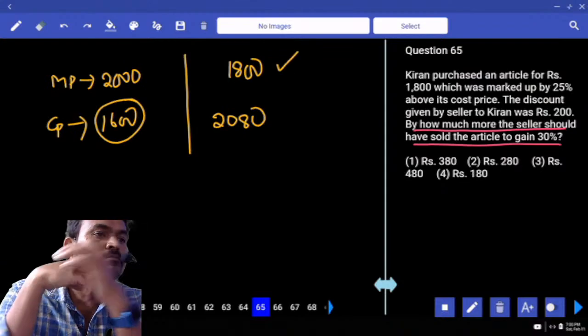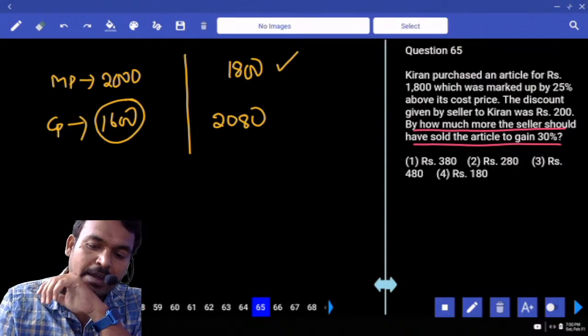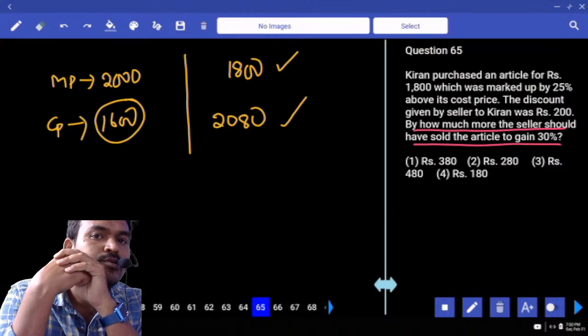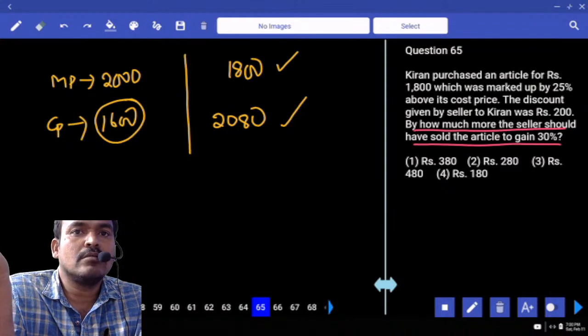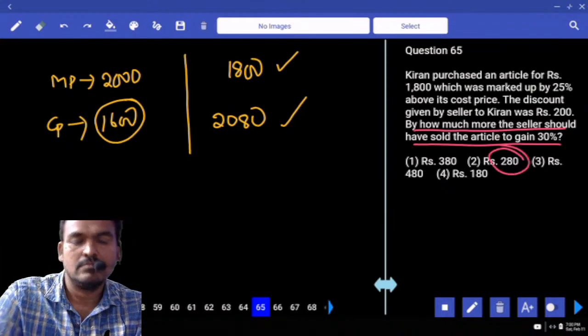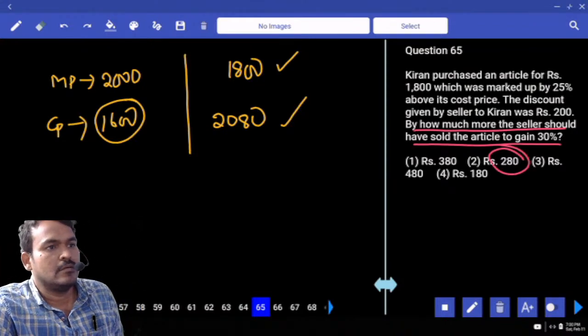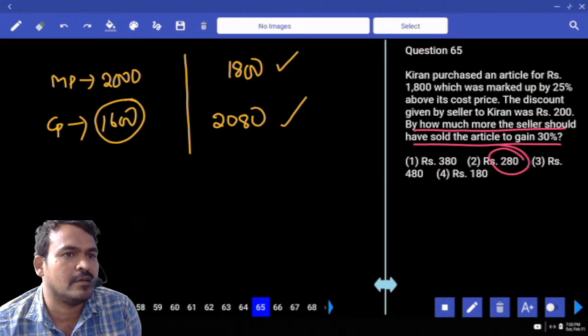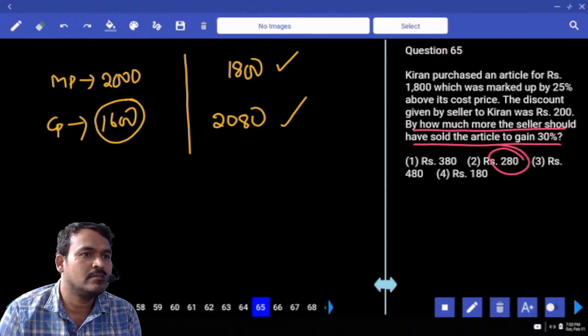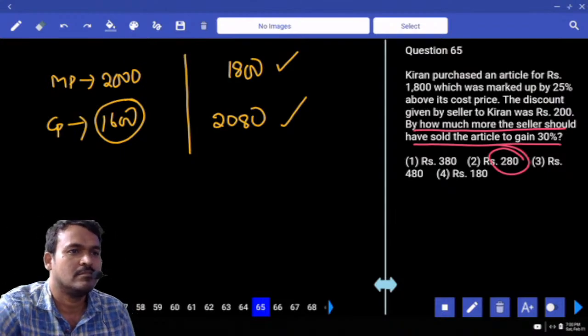Actually purchased at 1800, finally sold at 2080. That means how many rupees more? 280 more. We require the difference between the purchased value and the selling value.